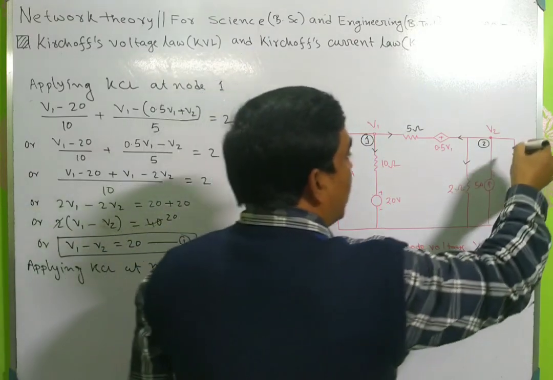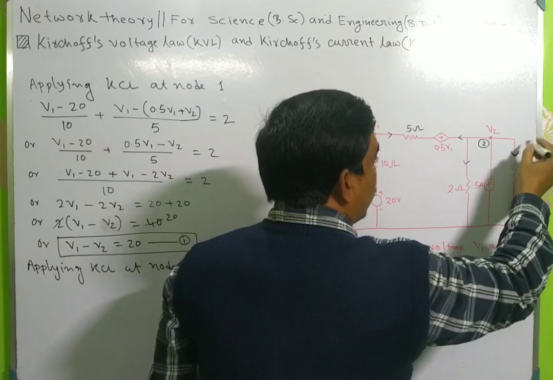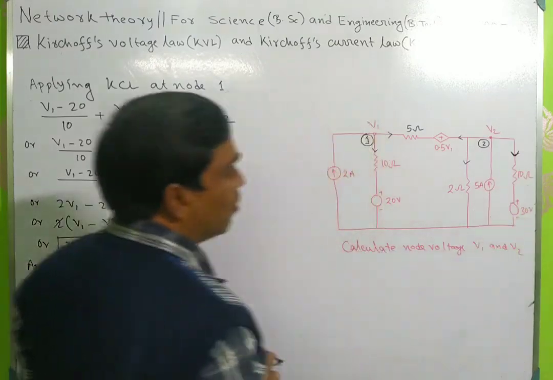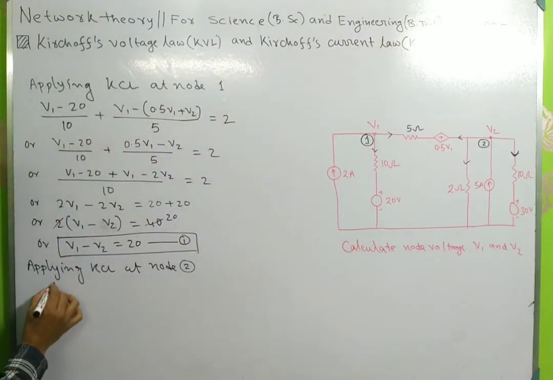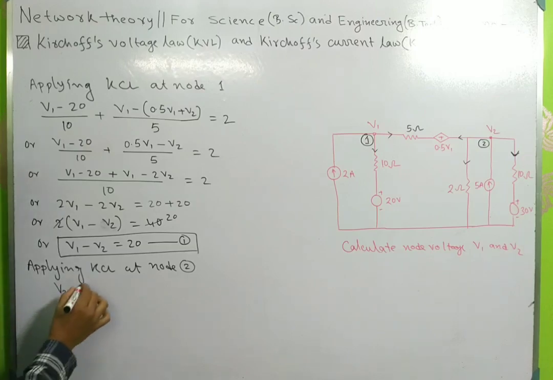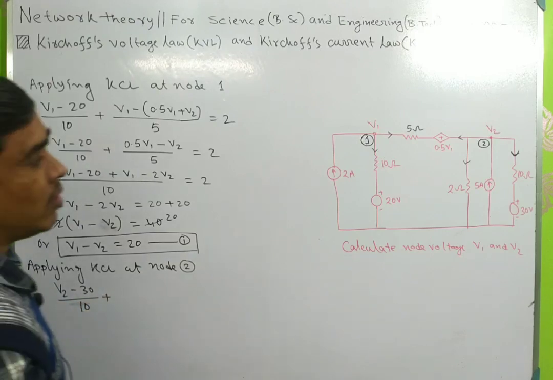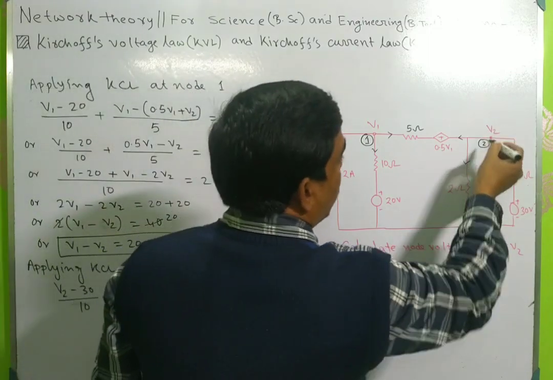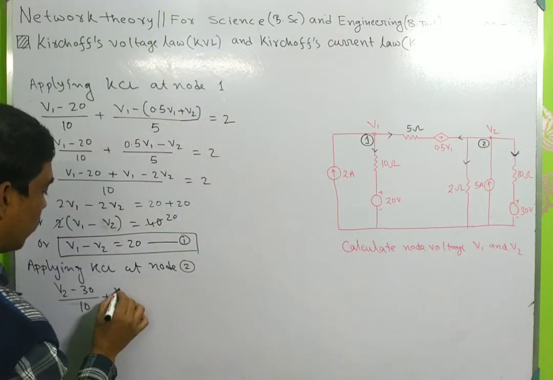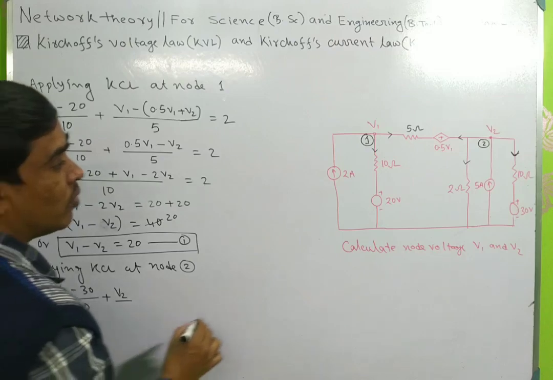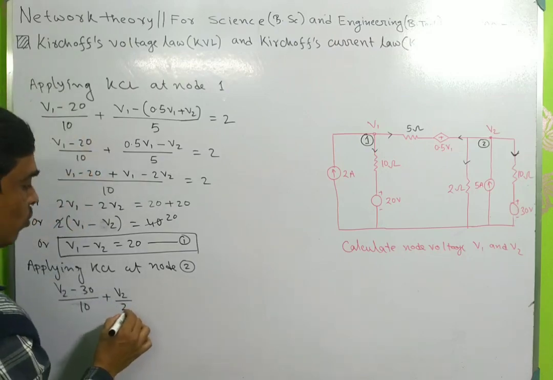So current through this branch, the 10 ohm resistance, is V2 minus 30 divided by 10, plus V2 divided by 2.